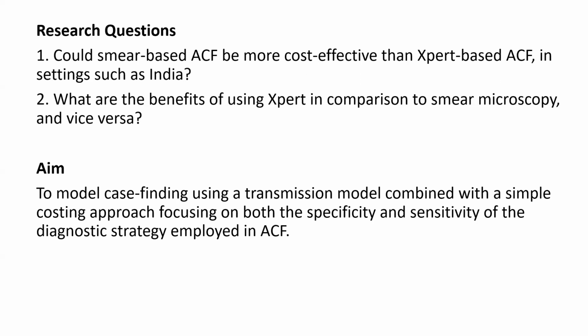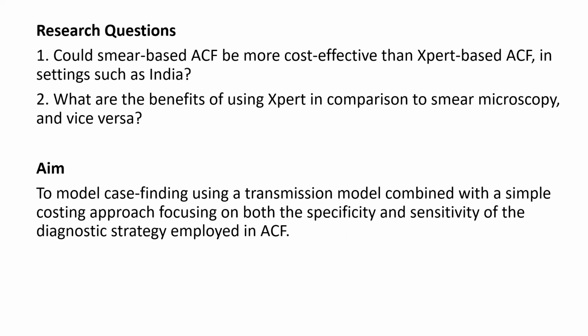The first explanation was for sensitivity, which is the proportion of true positive results among individuals who actually have the condition, while specificity is the proportion of true negative results among all individuals who do not have the condition.